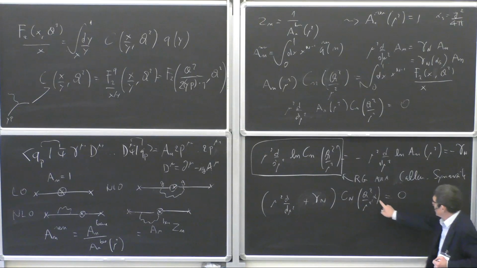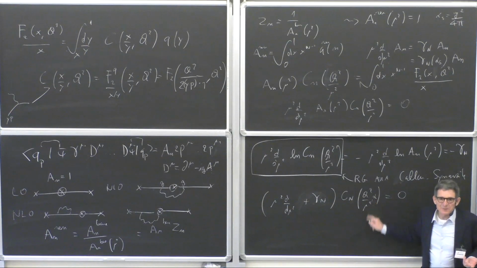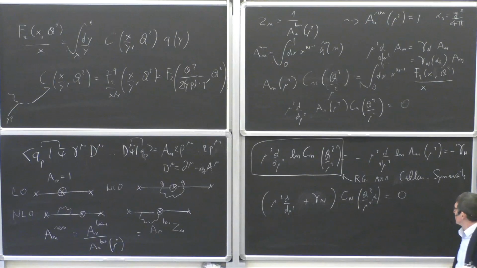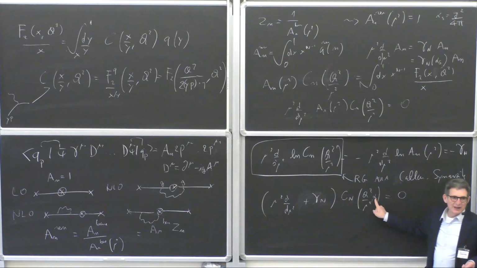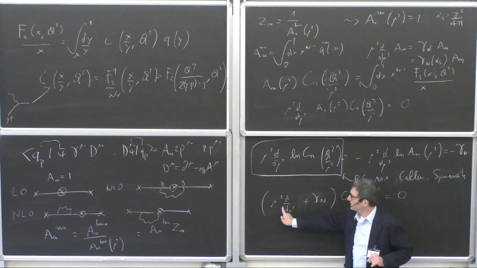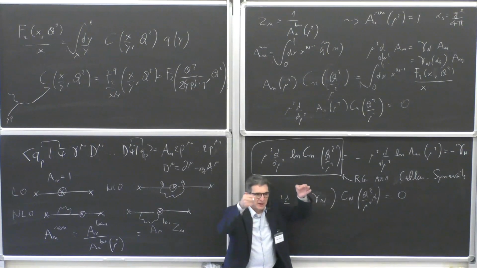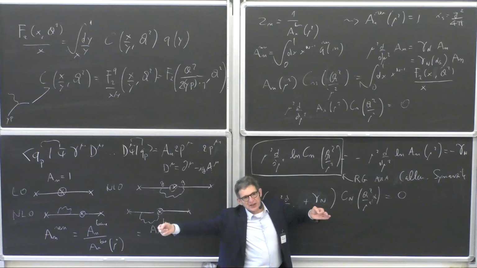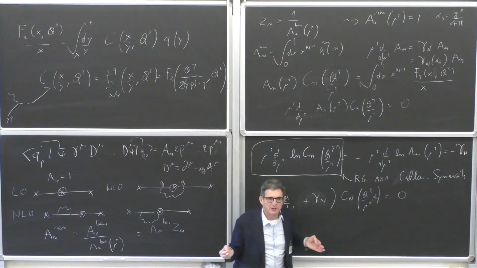Now, the strong coupling here must be renormalized because it's one of the couplings of the theory. So this coupling also depends on scale. In principle, at this point, I could have two different scales. I have one scale at which I renormalize my operators, and a different scale at which I renormalize my coupling.